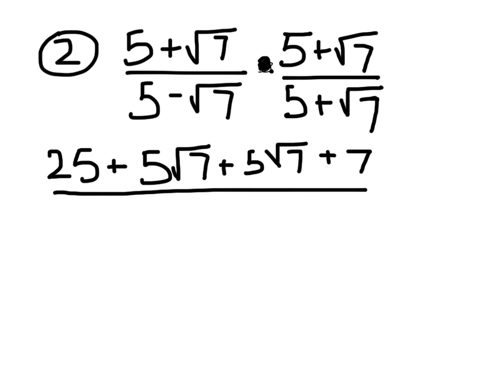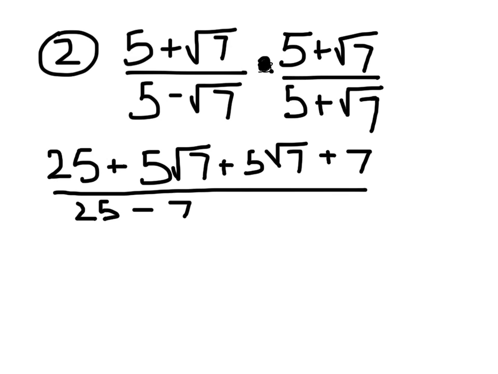In the denominator, I'll get 25, but I'll have a positive 5 radical 7 and a negative 5 radical 7, which are opposites and add up to 0. And then I'll have a negative radical 7 times a positive radical 7. So a negative times a positive is a negative, and radical 7 times radical 7 is 7.